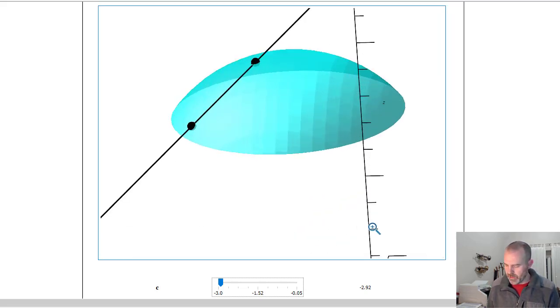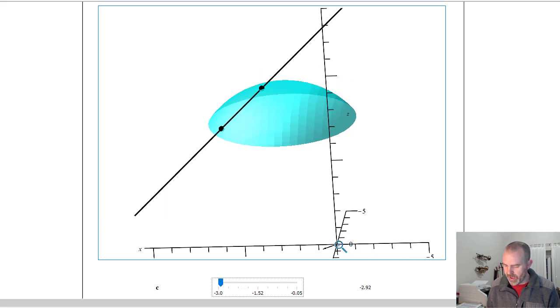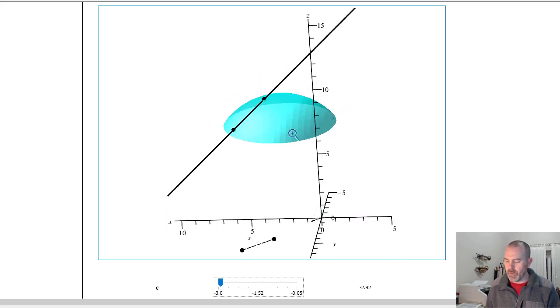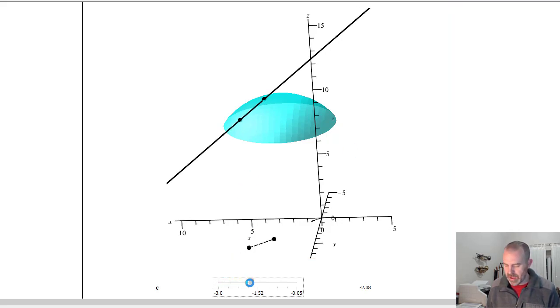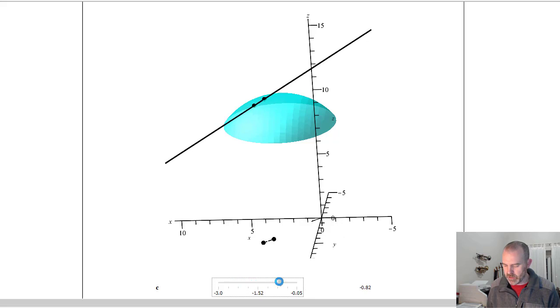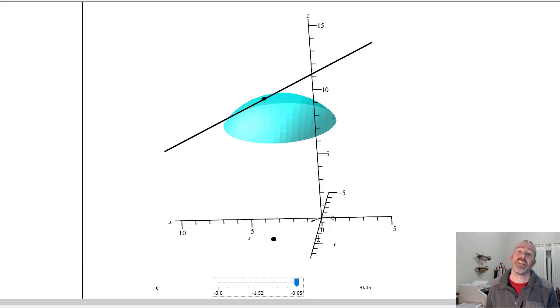But if you zoom in right on the origin, you can see there's a little vector in that direction. So what we have now is a secant line in the direction of that vector. And if we animate that and go closer and closer, we get a tangent line in that direction.